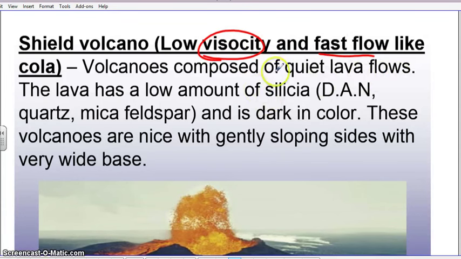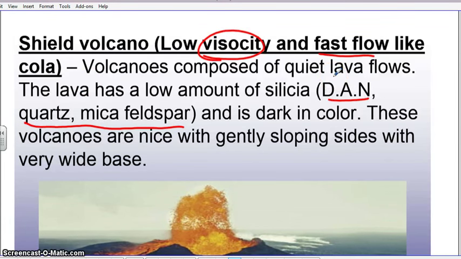And volcanoes that are comprised of quiet lava flows. The lava has a low amount of Dan, so the bonds aren't real tight. It has a very nice, pleasant personality, really laid back. Because the bonds aren't as tight, because it has a low amount of the silicates, quartz, mica, feldspar, it just flows.